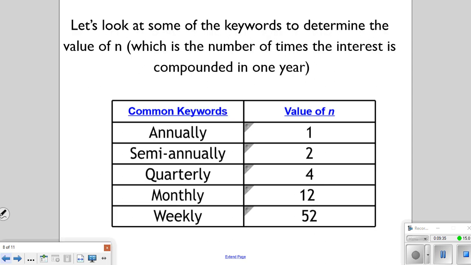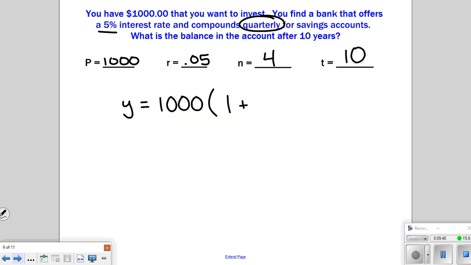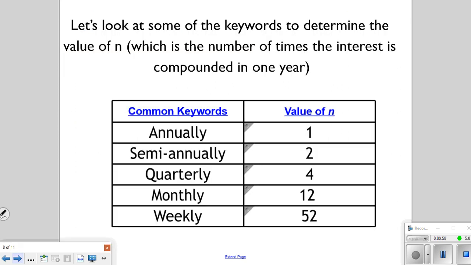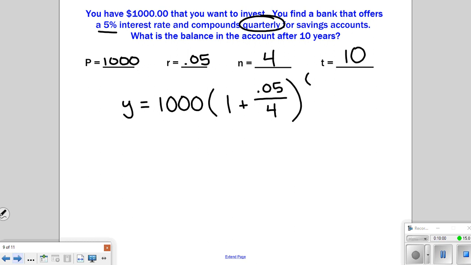So it's our rate, which is 0.05, divided by our number of times compounded. And then we also have our n times our t in the exponent. Our n times our t is going to be 40.